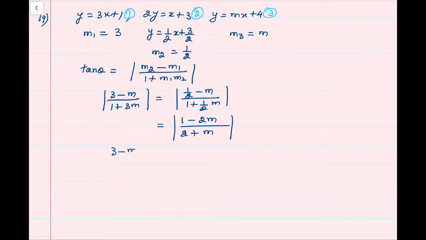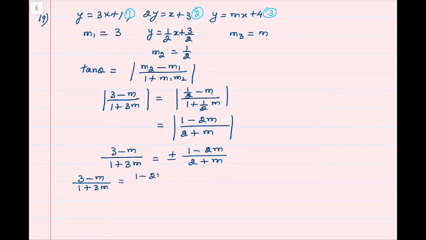3 minus m divided by 1 plus 3m equal to, we can write the plus or minus sign on any one side. We have two equations to solve. 3 minus m divided by 1 plus 3m equal to, with plus sign, 1 minus 2m divided by 2 plus m, and the other equation is with the minus sign.